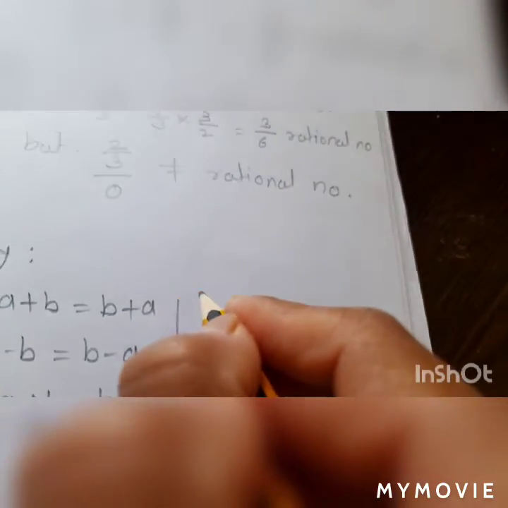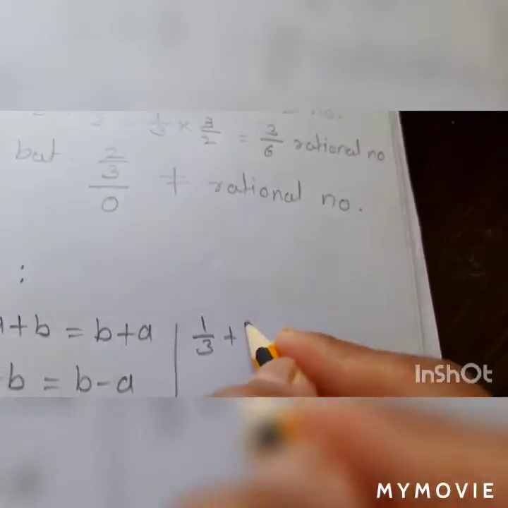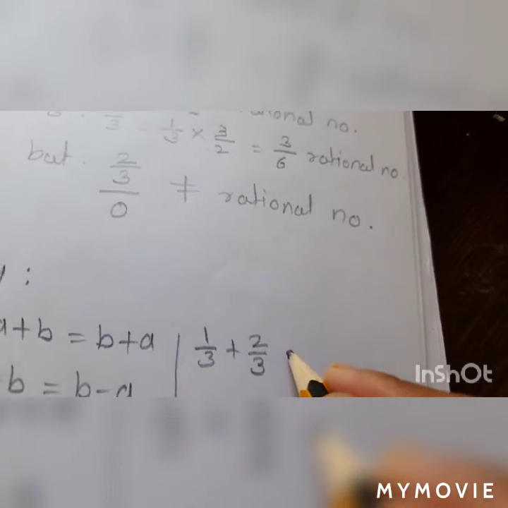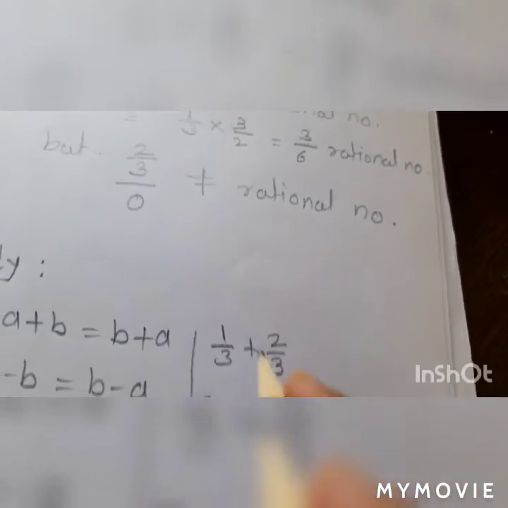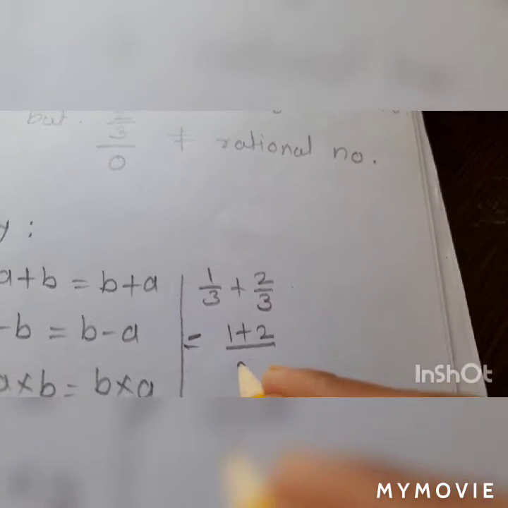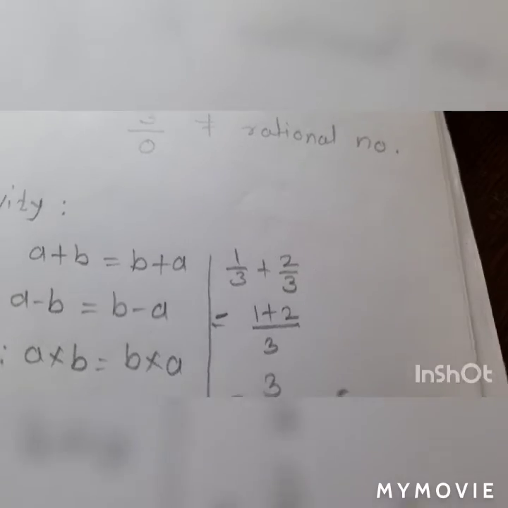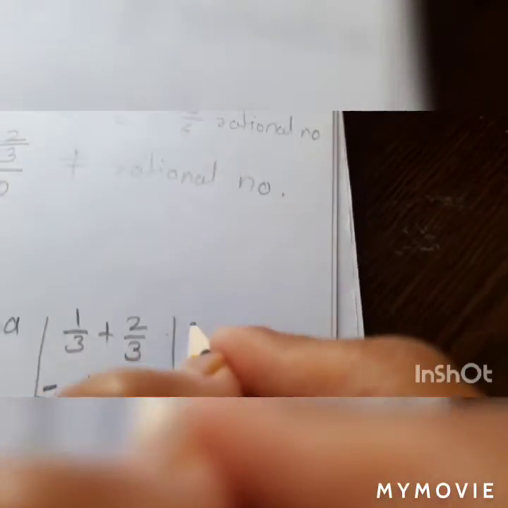First we will check addition. 1 upon 3 plus 2 upon 3 is equal to 1 plus 2, and 3 is the LCM. Then the answer is 3 upon 3.